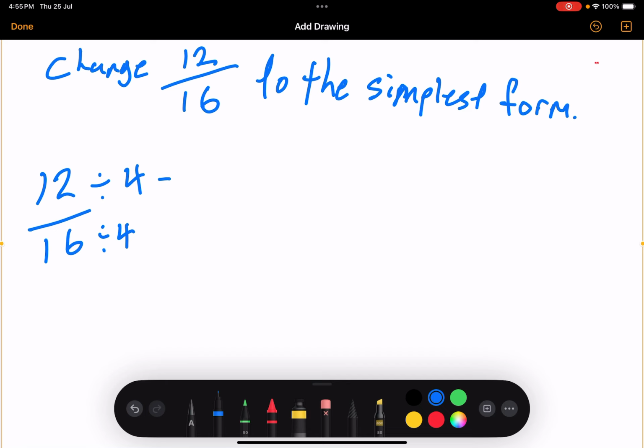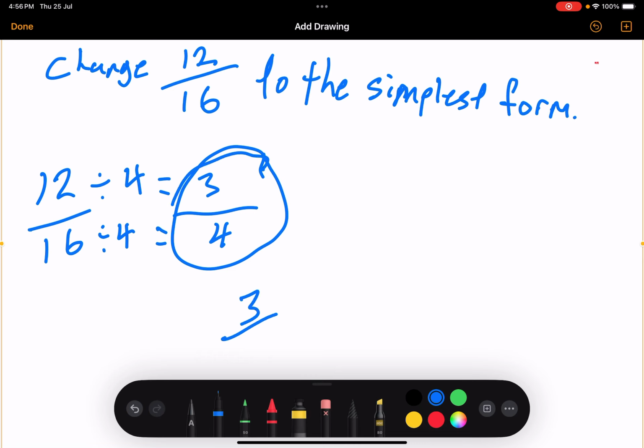And as a result, we will get 3 over 4. This is the simplest form because we cannot divide it anymore. We cannot divide by 1 because we will still get the same number. So therefore, 3 out of 4 is our answer.